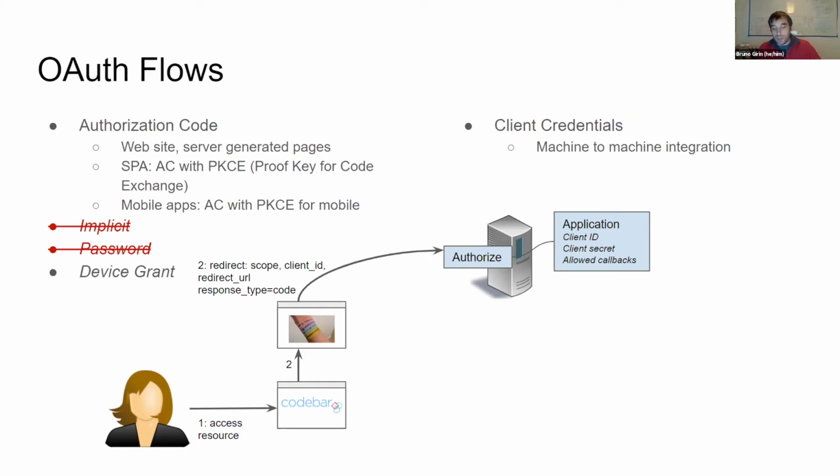It technically takes you out of the app; your browser is redirected. The app provides some basic information. The scope is what the app wants to be authorized for. The client ID is a unique ID for this particular app. And the redirect URL is where the authorization server will need to redirect when it's finished. That should be part of the allowed callbacks configured on the authorization server.